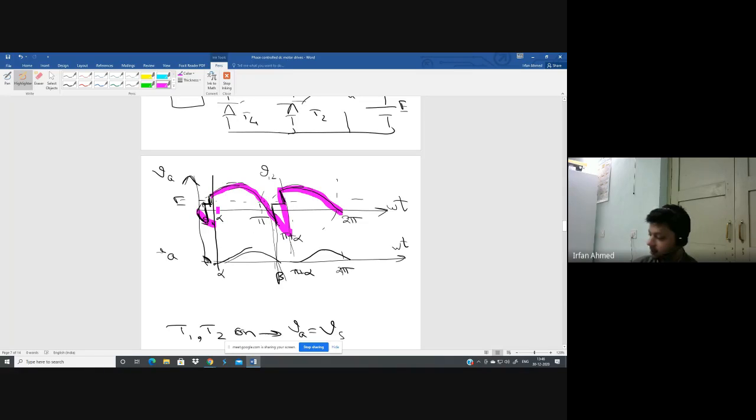Once again, before the current can become zero, you turn on T1 and T2. So this is the armature voltage waveform if the conduction is continuous. The current waveform will be something like this. Okay, clear?